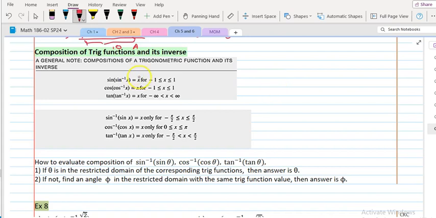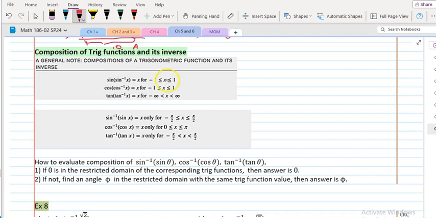Normally, if I have a sine or cosine function composed with the inverse function, like sine of arcsine, cosine of arccosine, tangent of arctangent, they would just cancel each other and equal x.